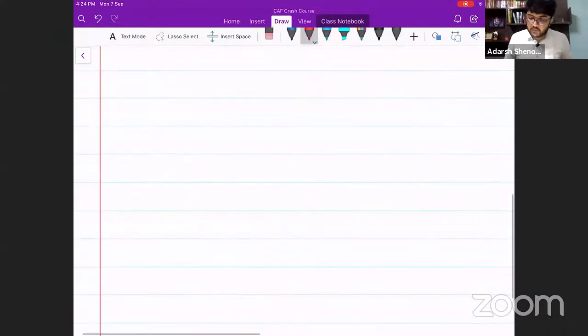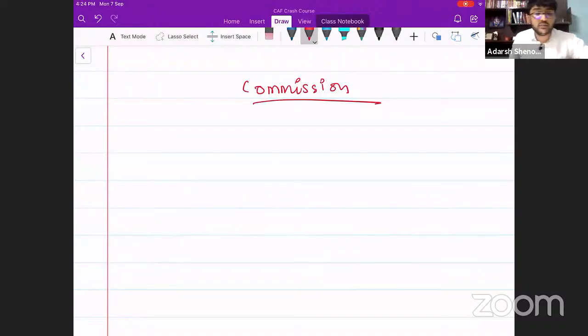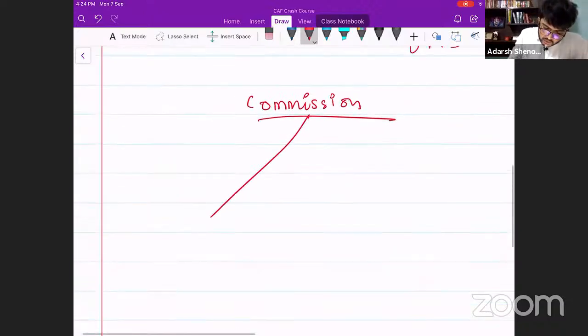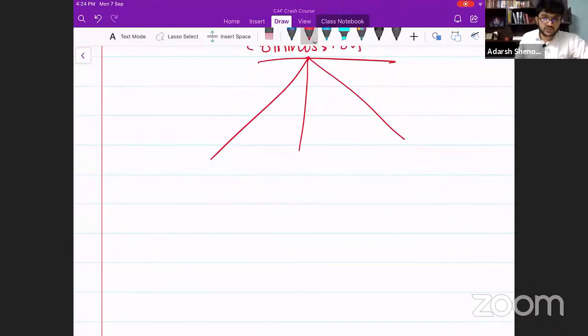Now we will come to the point relating to commission. I told you what commission is. Commission is the income of the consignee. We have three types of commission. How many types of commission, guys? Three types. The first one is the ordinary commission. This is always paid.